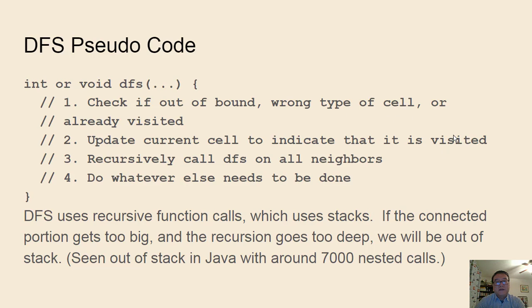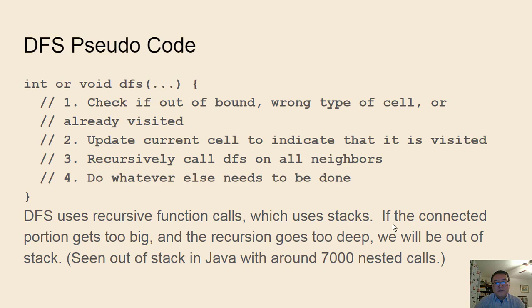So let's just understand how to do this in this context. In the last topic, we will be using actual graphs rather than this implicit graph defined by grid cells. And so you'll practice using DFS on graphs there.